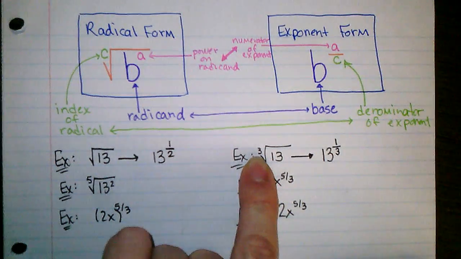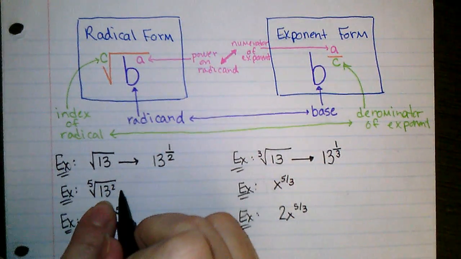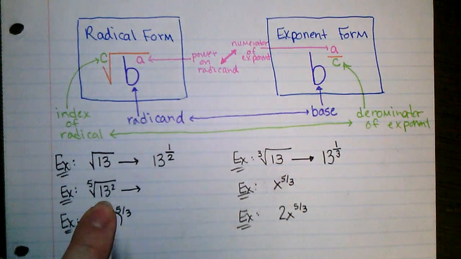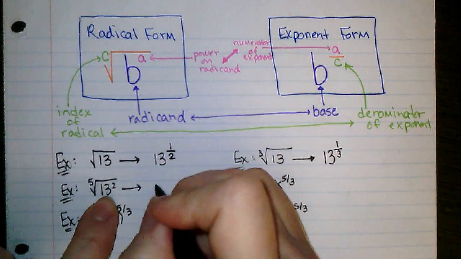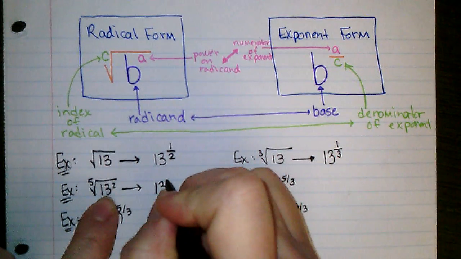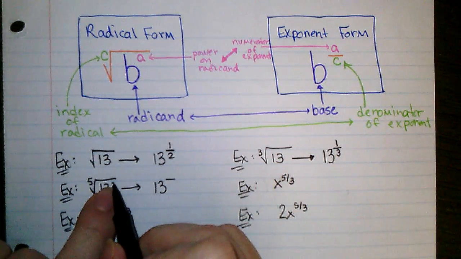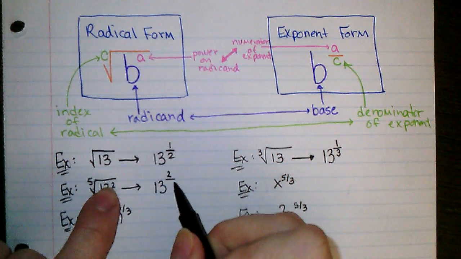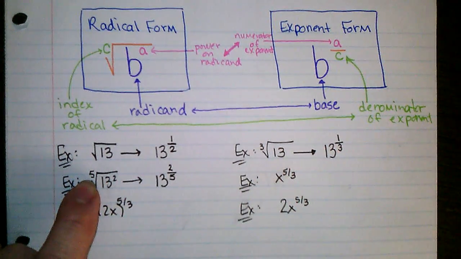So that would be 13 to the 1/3 power. How about the 5th root of 13 squared? The radicand is that 13, so that's going to become my base. And then in the exponent, the power on the radicand is 2, so that's my numerator. The index is 5, that's my denominator. So 13 to the 2/5 power.